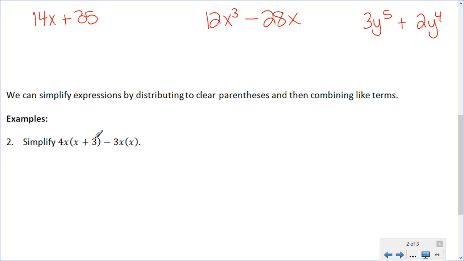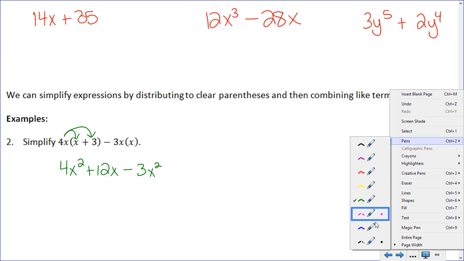So let's get rid of these parentheses by distributing here. So 4x times x is 4x squared, and then 4x times 3 is 12x. And then here, this might look like you have to distribute, but there's just one term here. So all we're really doing is multiplying. So this is minus 3, and then x times x is x squared.